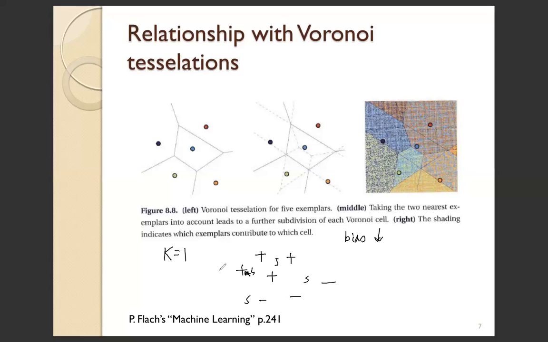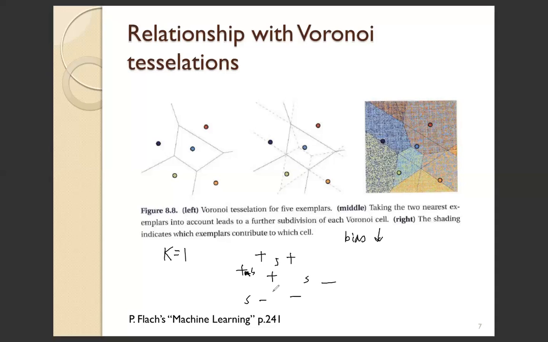If you use k equals 1, then on average, if your plus and minus class ratio is more or less balanced, half of the time it will be a plus and half of the time it will be minus. So it doesn't go to any particular class.